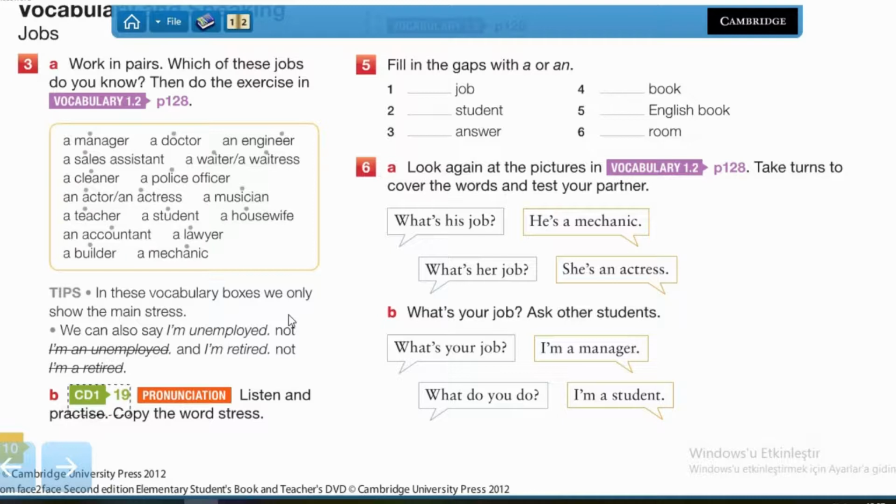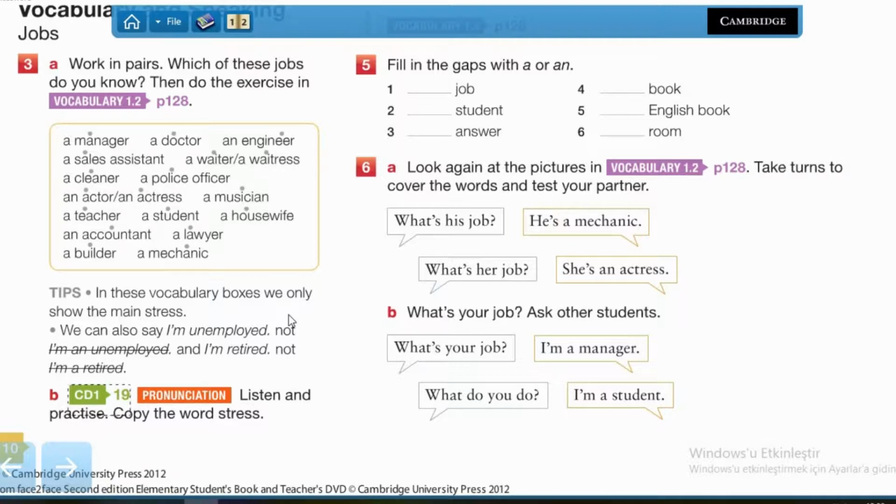My job, a teacher, a student, a housewife. This one is my mom's job. An accountant, a lawyer, and a builder. And lastly, we have here a mechanic.